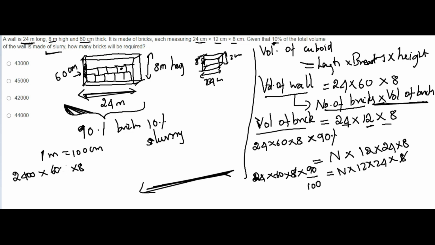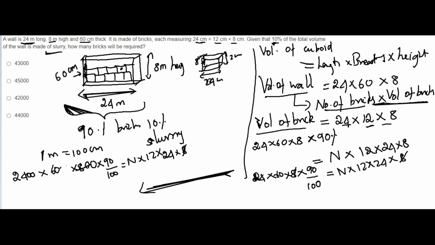If there is 8 meters, we have to make it 800 centimeters, so it becomes 800 into 90 divided by 100, equal to n into 12 into 24 into 8, everything in centimeters.